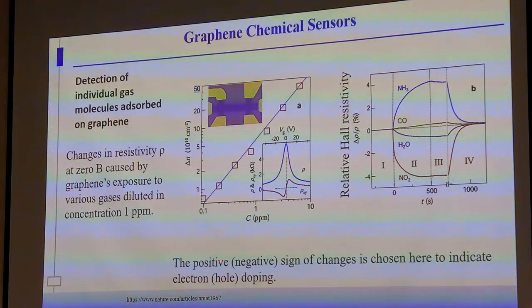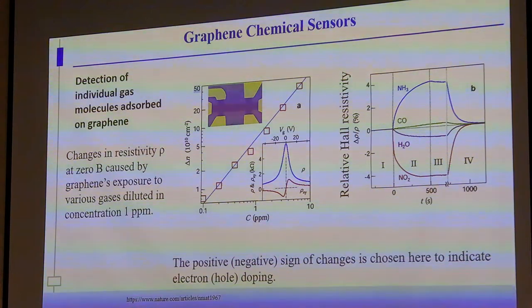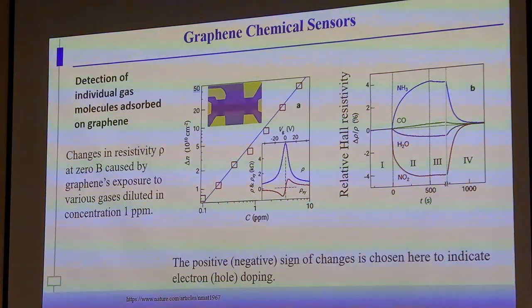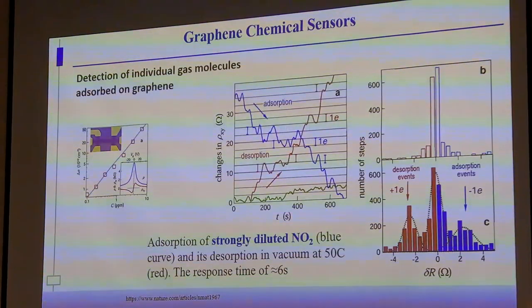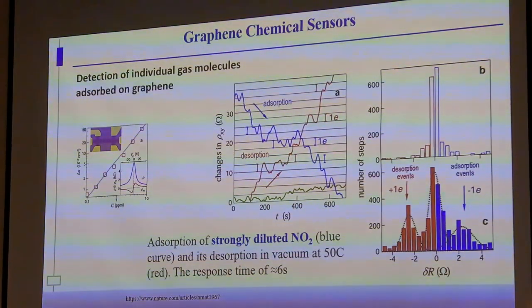The positive sign is related to electron doping, the negative sign to hole doping. So depending on the molecule, you will have electron or hole doping, and then a positive or negative signal.